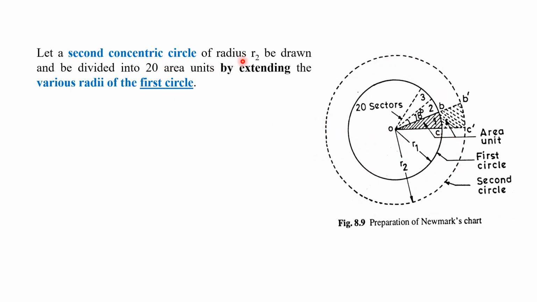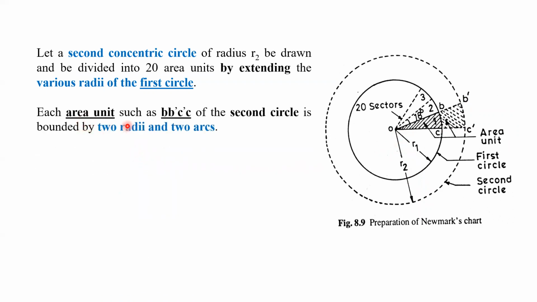The second concentric circle of radius R2 is drawn and divided into 20 area units by extending the various radii of the first circle. So if we extend OBC by BB dash and CC dash, we can get R2, right?